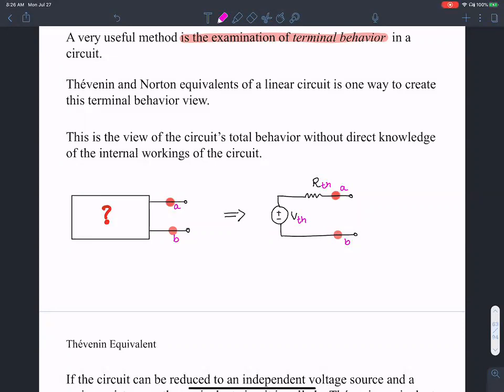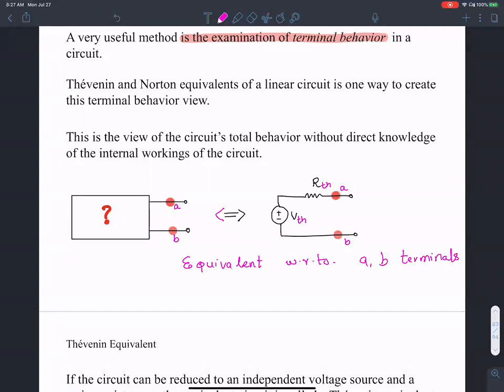I'm going to represent an unknown magic box in a simplified version as a simple voltage source with a resistance. And the neat thing is both of these are equivalent with respect to the terminal behavior, A and B terminals.